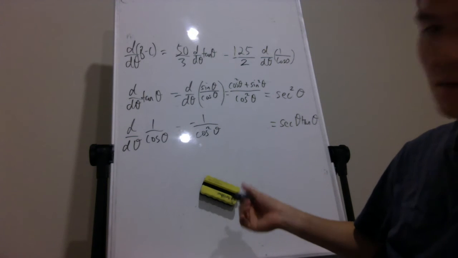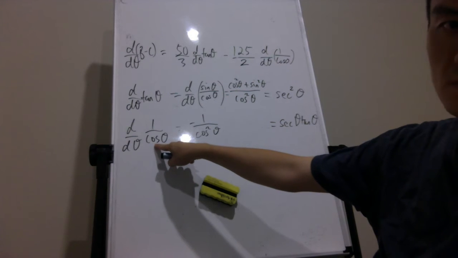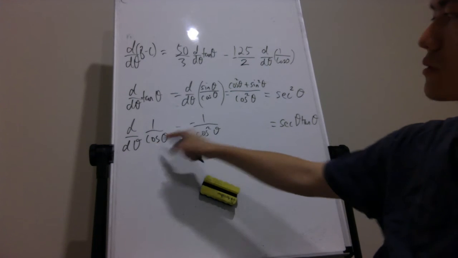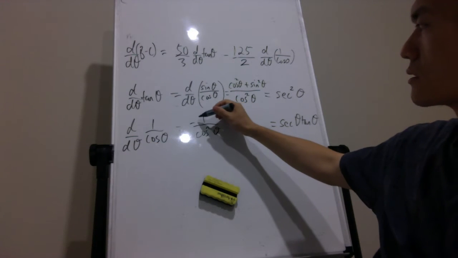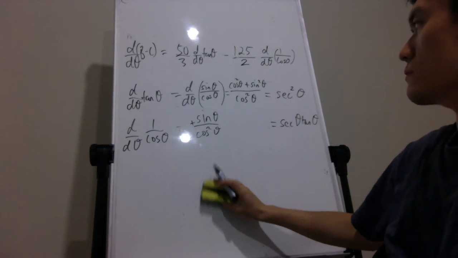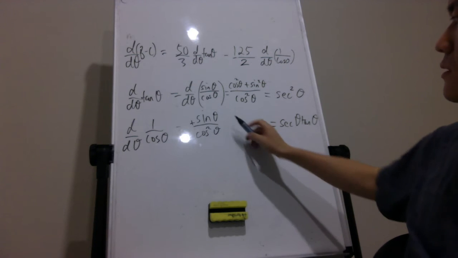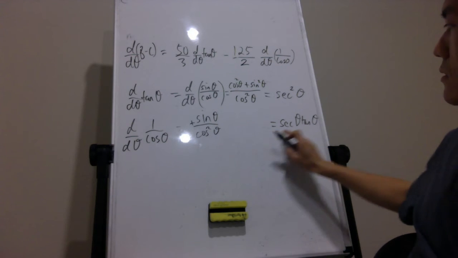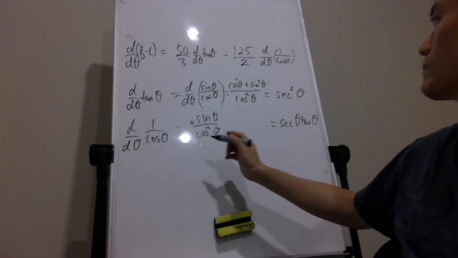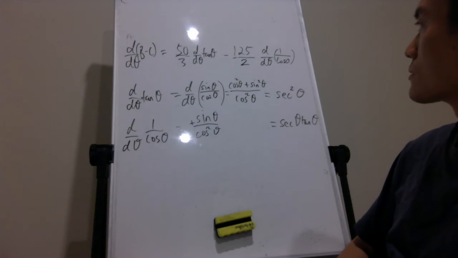But then you have to multiply by the derivative of the inside, since it's not just theta, so you multiply by minus sine theta. Minus times minus makes it a plus. Can you see that sine theta over cosine theta is tan theta? And then this extra 1 over cosine theta gives you the sec theta.